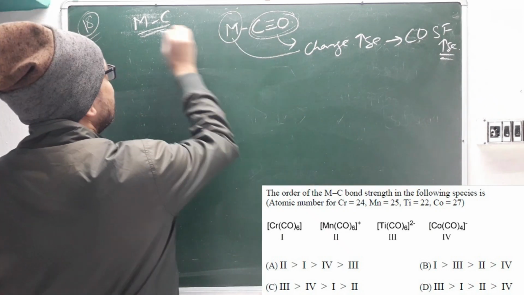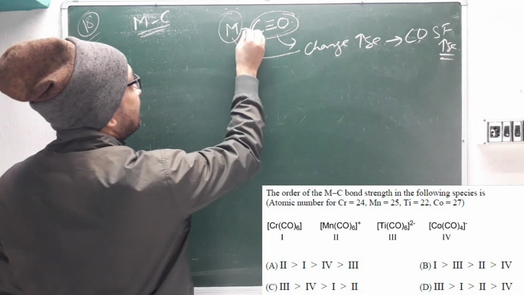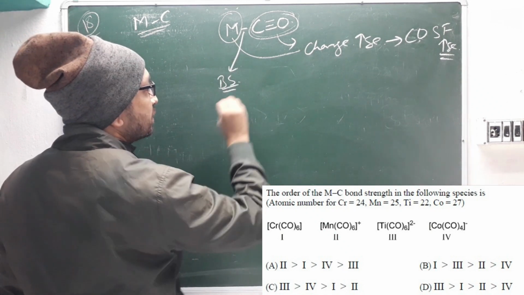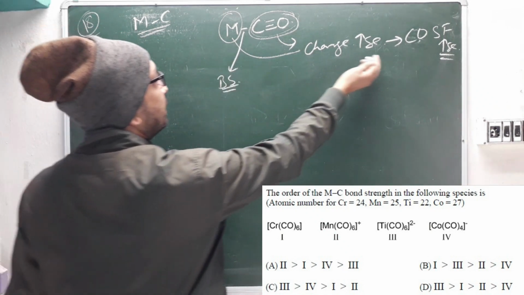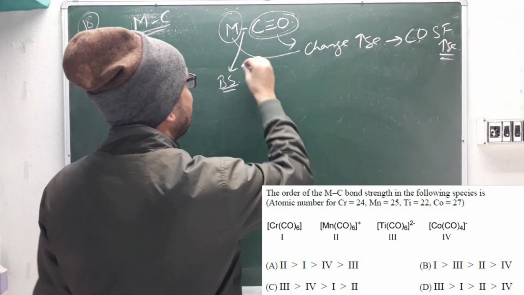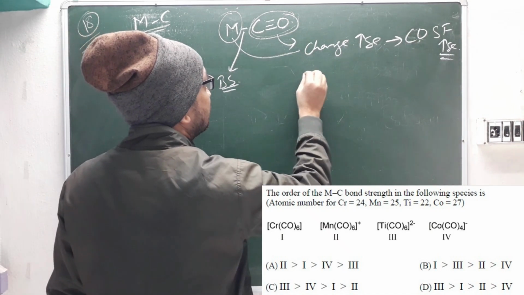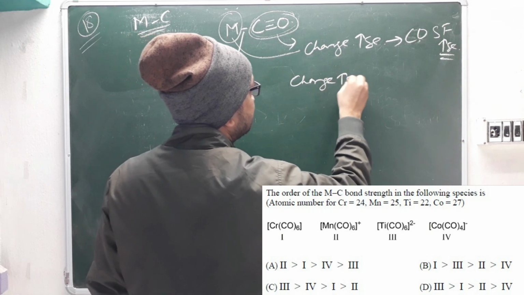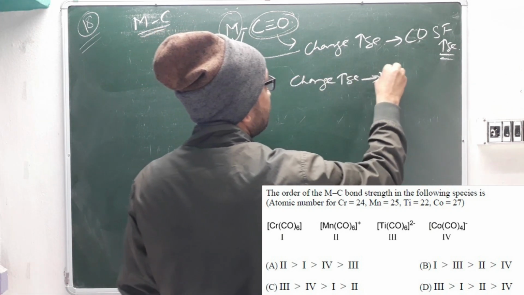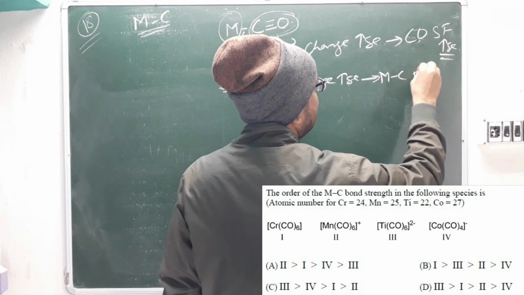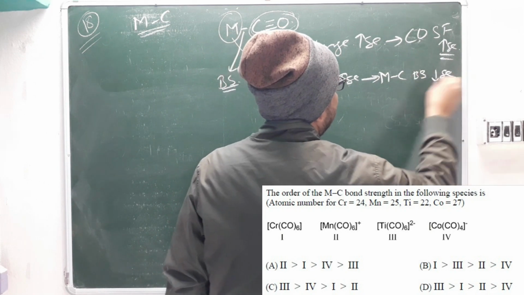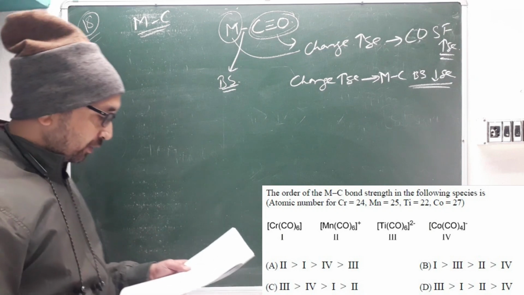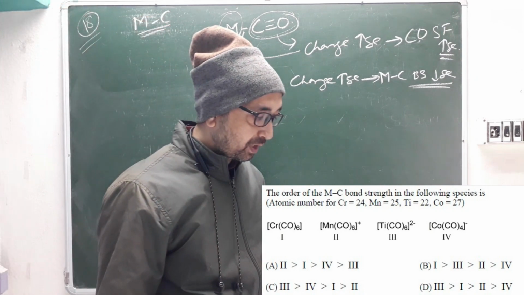But now in this particular question, they are asking this bond strength. So what about this bond strength? It will be opposite to this. If the charge of metal is getting increased, your metal to carbon bond strength will be decreasing. So in this particular question, we'll see what is given.